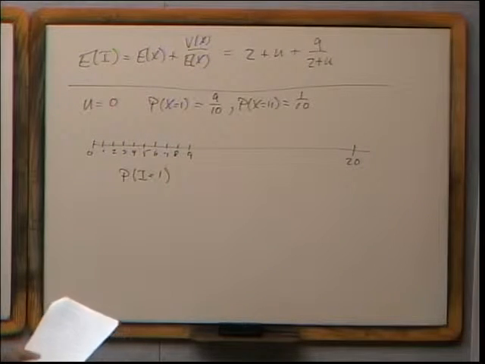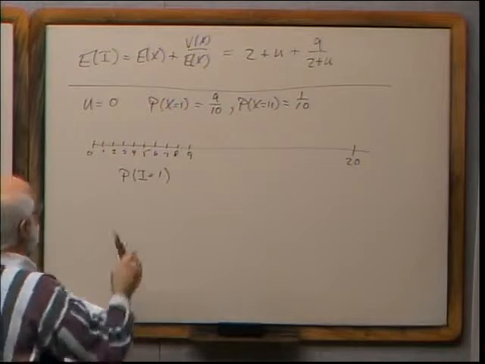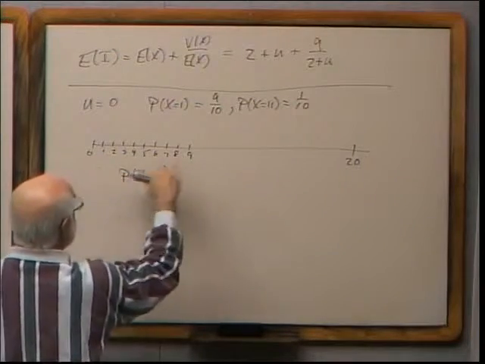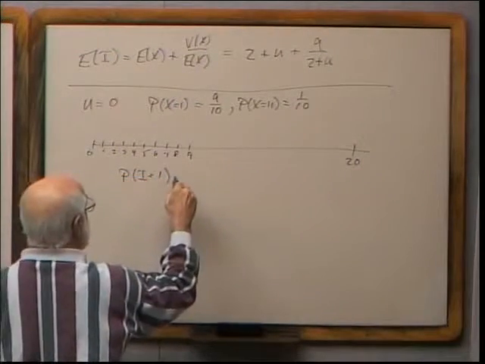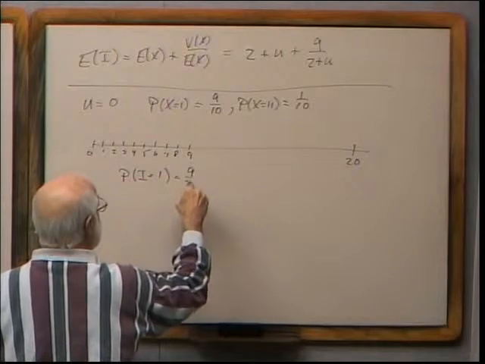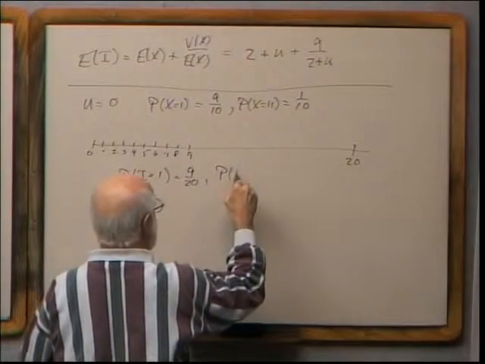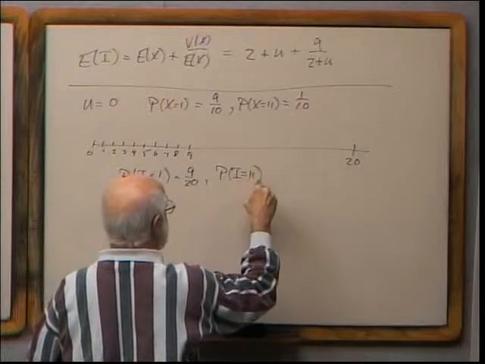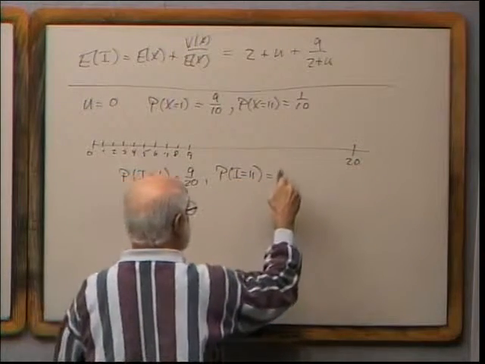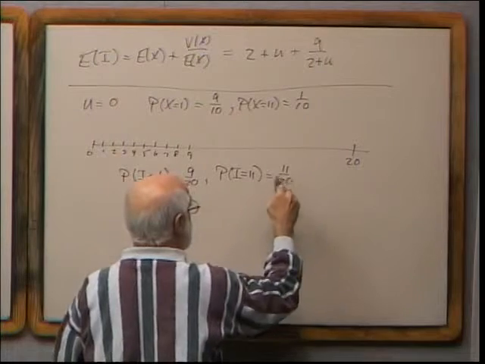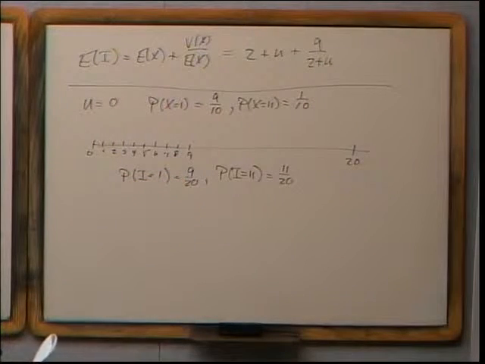Obviously, the probability that I intercept one of the 1s is 9/20. So the probability that I equals 1 is 9/20, and the probability that I equals 11 is 11/20. Everybody see that? Make sense?